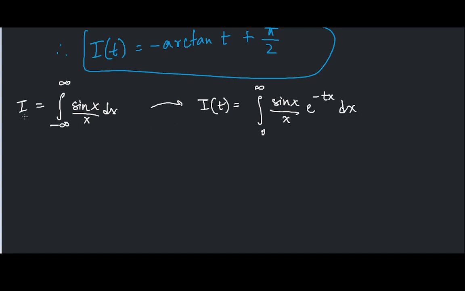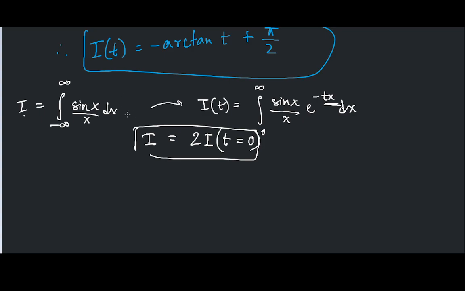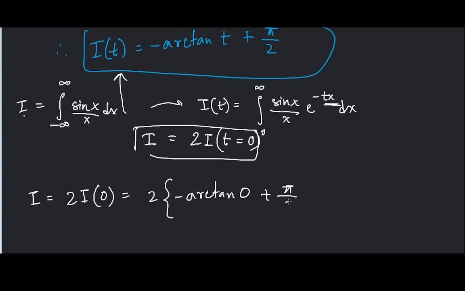So technically our target integral I is equal to twice I of t evaluated where we make the exponential vanish, at t equals 0. So I equals 2 times I of 0, which equals 2 times negative arctangent 0 plus pi over 2, which is just pi.